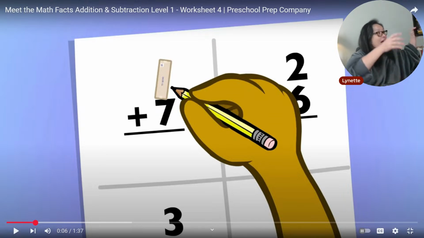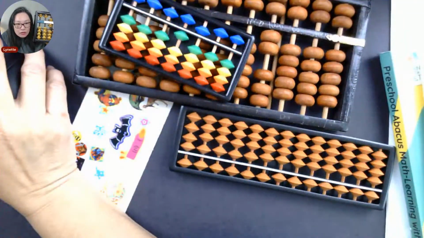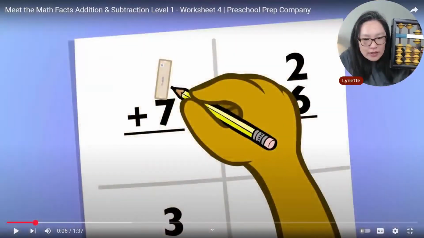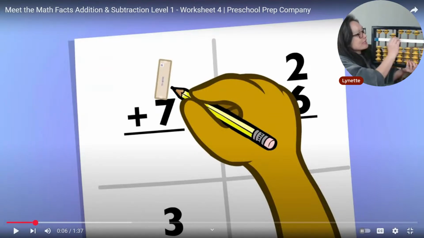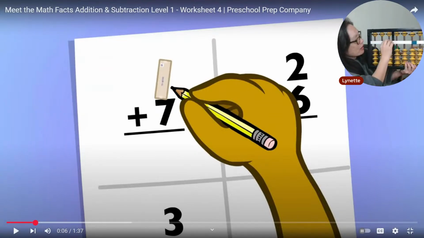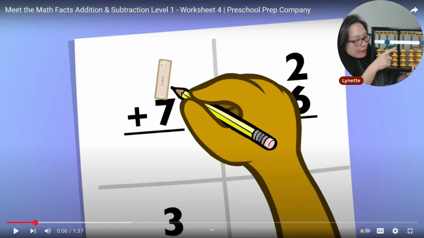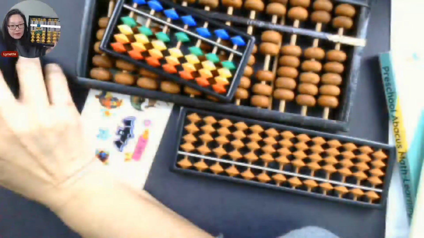On the abacus, when we do this, we are actually building blocks. I don't know if you could see, but we have 1. We add the 1 here, and then the question is 7.